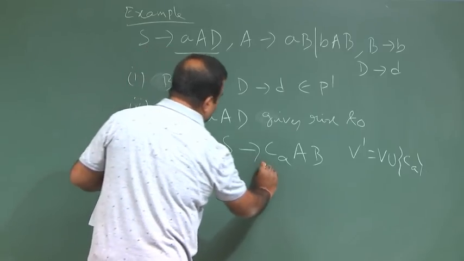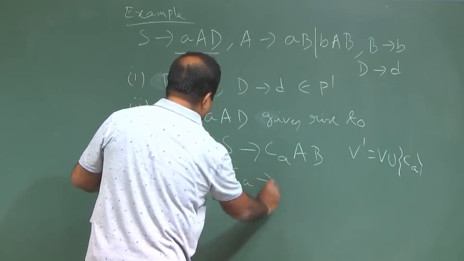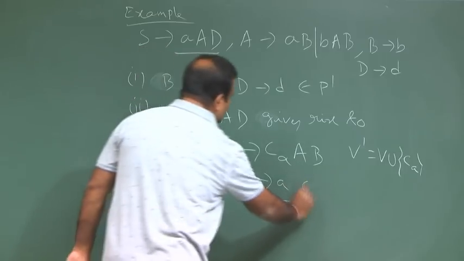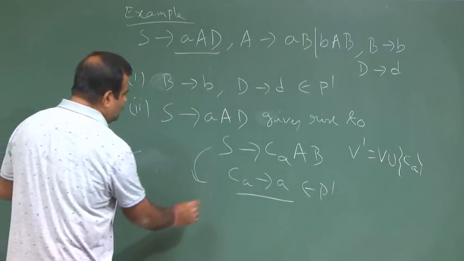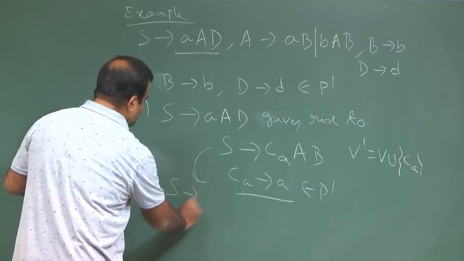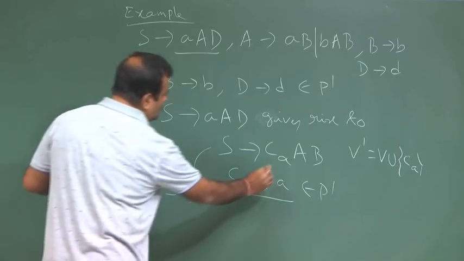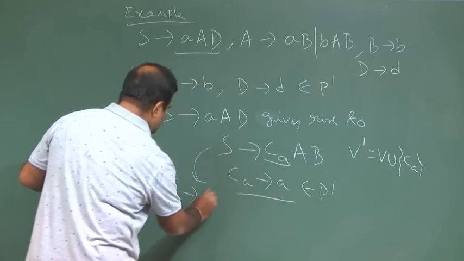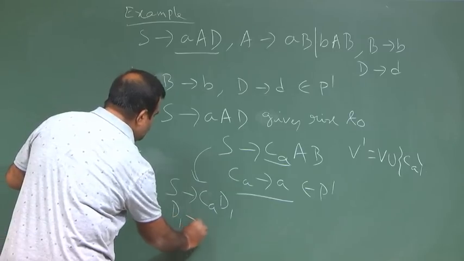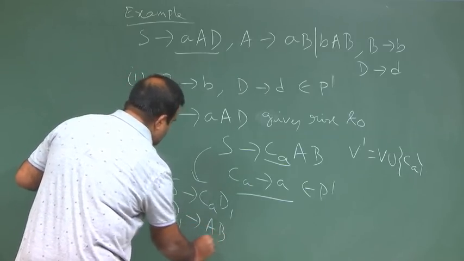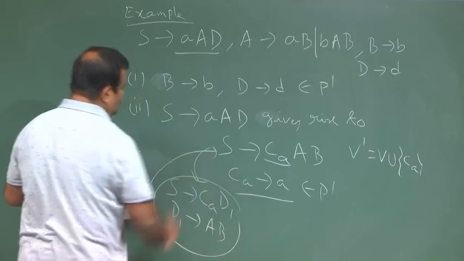So, this is the rule, and C_A is going to A. We add this in P prime, and for this we take the help of another variable. S is going to C_A and D1, and D1 is going to AB. So, these two combined give us this.